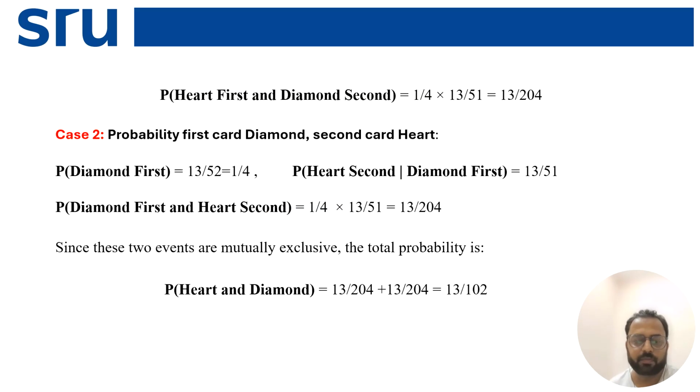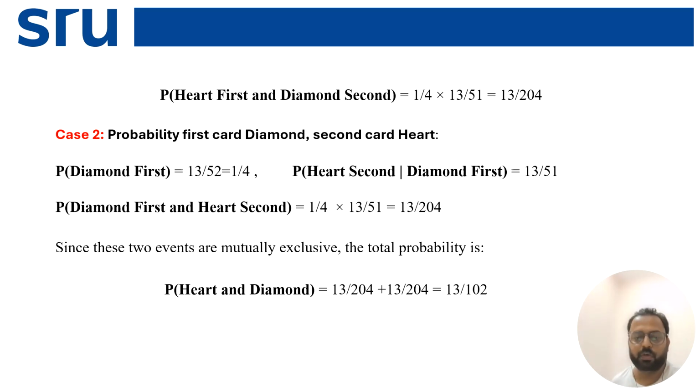So the probability of selecting heart first and diamond second. Here we are multiplying probabilities because the selected card cannot be both heart and diamond, so both events are independent. When events are independent, we multiply probabilities.